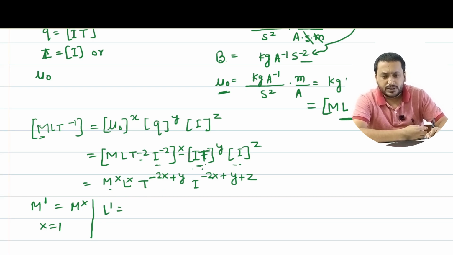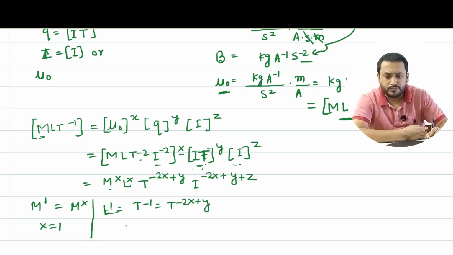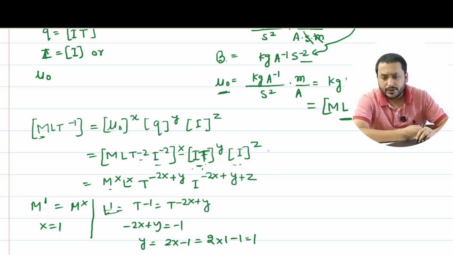Next, t to the power minus 2x plus y is equated with t to the power minus 1. So minus 2x plus y is equal to minus 1. So y will be 2x minus 1. 2 into what is x? x is 1, minus 1, so y is 1 again.